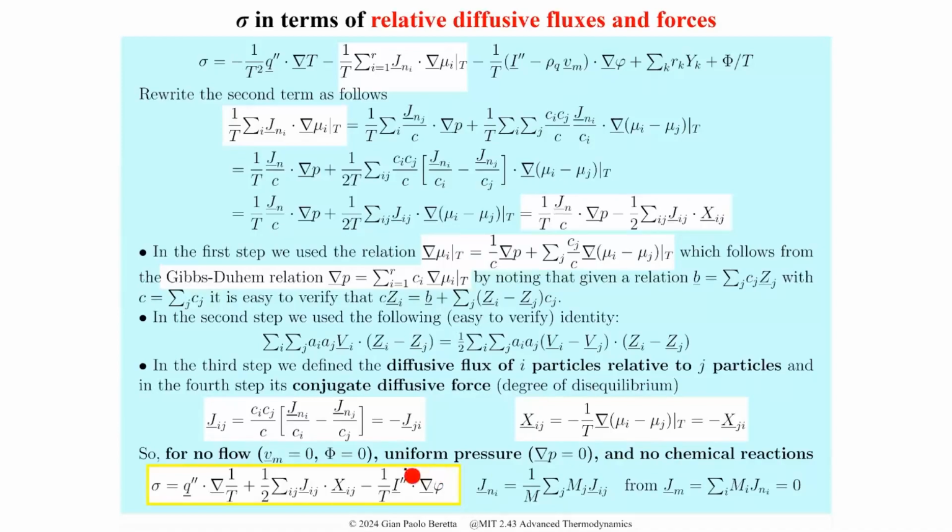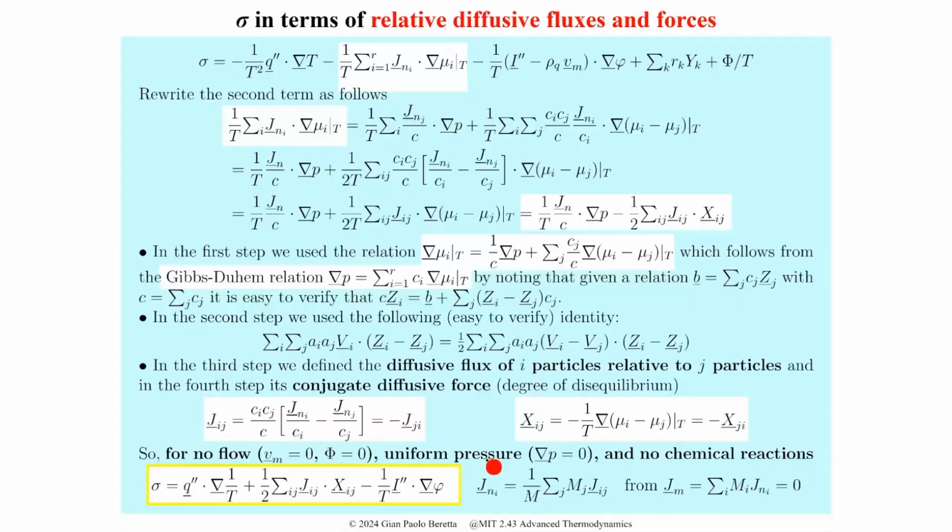All right, so now if we take this expression here, we substitute what we get here. So we get a term with the gradient in the pressure, and we also have the term with the dissipation function from fluid mechanics. Let's forget about those. So let's suppose we take no flow.